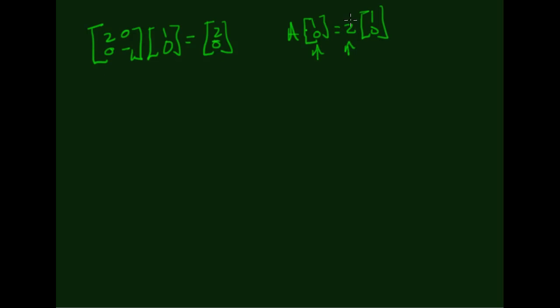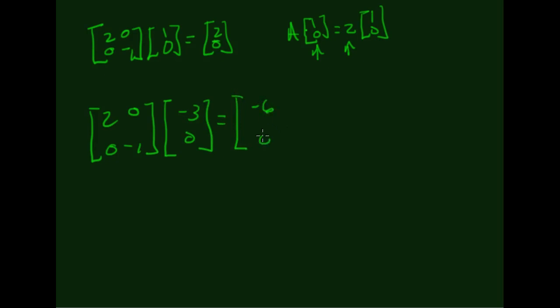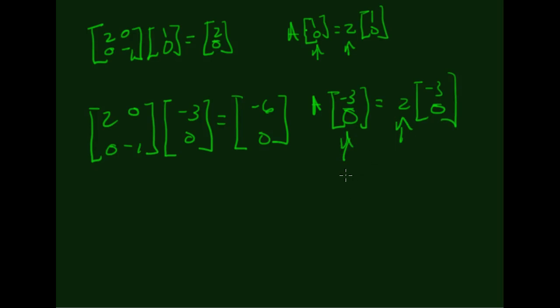Okay, fine, great, wonderful. But let's take a look at this case. Let's take [2, 0; 0, -1] and multiply it by (-3, 0). If I do that, I end up with (-6, 0), which means that A times (-3, 0) is the same as 2 times (-3, 0). So 2 is still my eigenvalue, but I've also identified this as an eigenvector that corresponds to that eigenvalue.